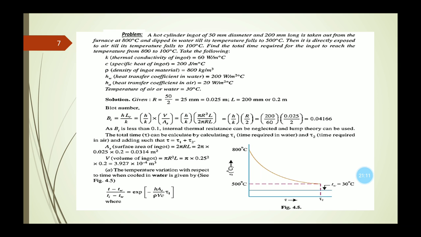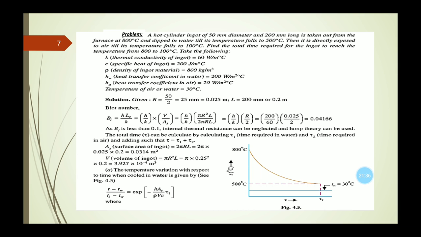So here the values of R and L are given, so we have written them here. Now to calculate the Biot number, first we need to write its formula, it is h Lc by k. It can also be written as h by k into V by A, that is the ratio of volume by area, which is the formula of the characteristic length.